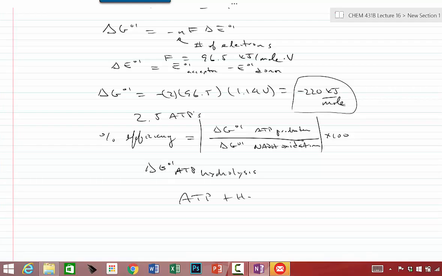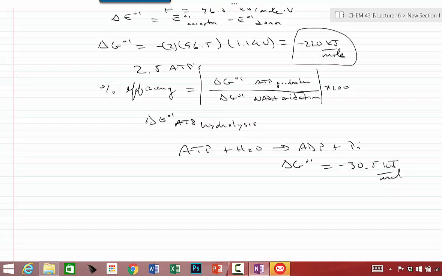ATP plus water gives you ADP plus inorganic phosphate. That's going to be an exergonic or an endergonic reaction? ATP hydrolysis. You guys remember? Negative? Very good, negative 30.5, which makes it an exergonic reaction, right? So delta G under standard conditions is minus 30.5 kilojoules per mole.